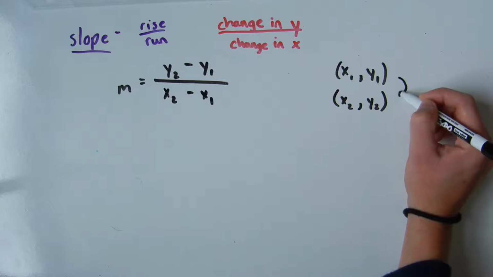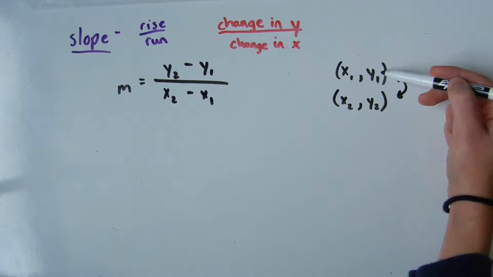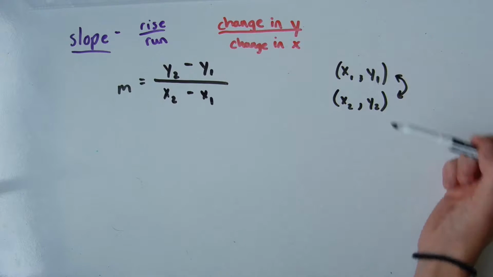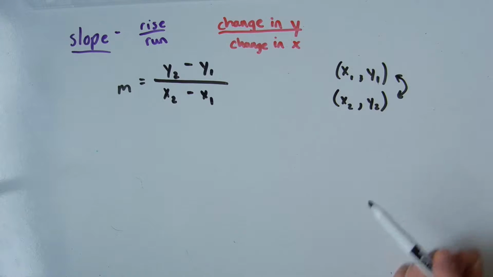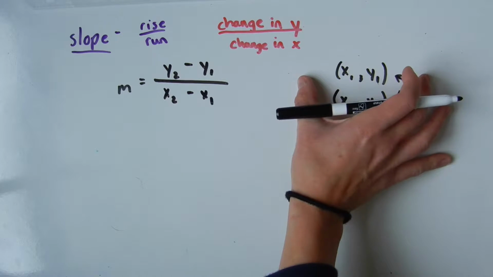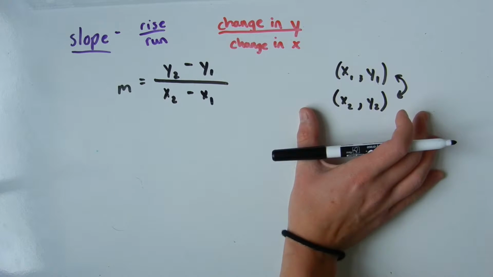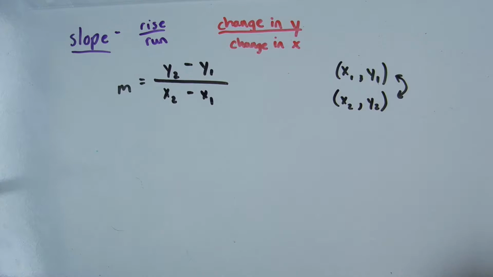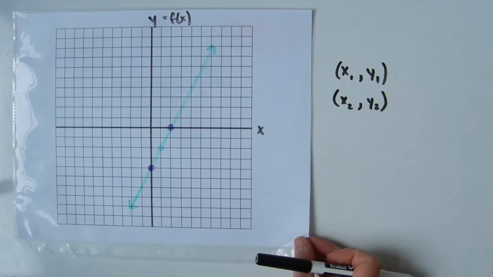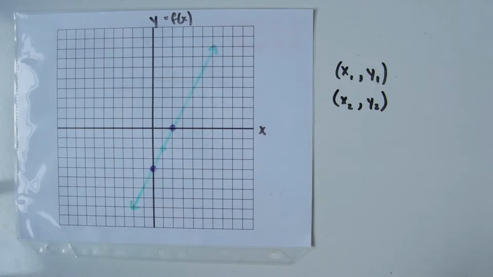If these coordinates were flip-flopped, and you take y1 and subtract y2, then you must also take x1 and subtract x2. So it doesn't matter which coordinate you use as x1, y1, and x2, y2, it just matters the order in which you subtract. So on our graph from the previous video, let's go ahead and pick 2 different coordinates.